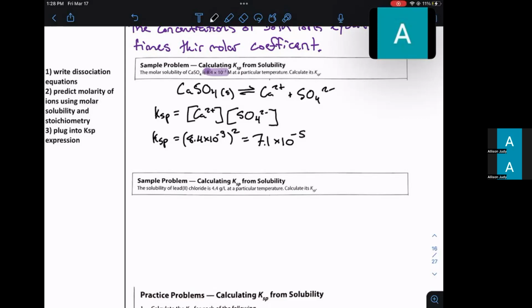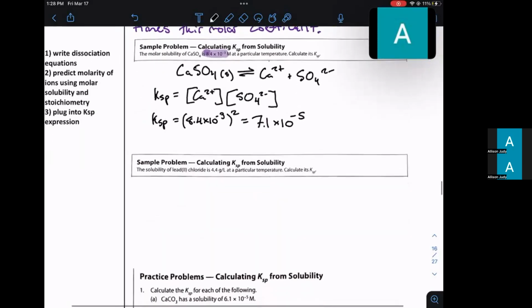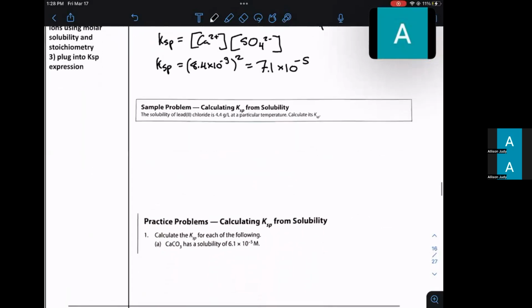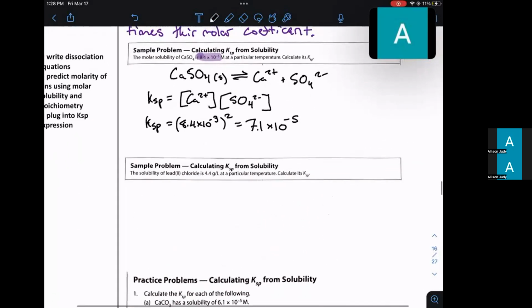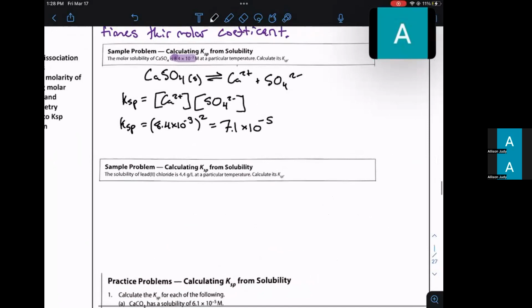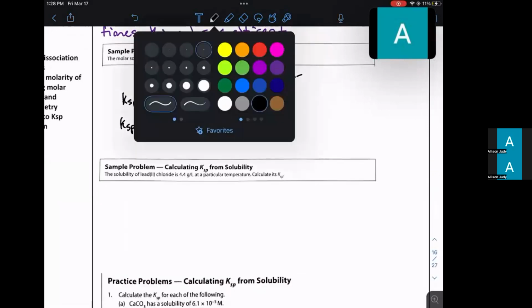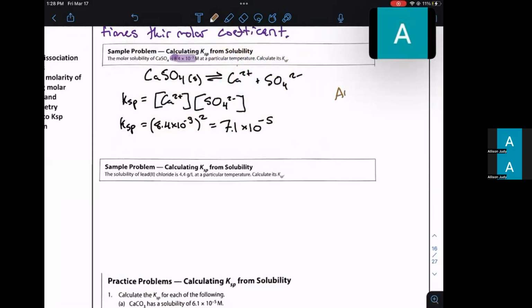In general, whenever you have an AB salt like this, where it's one-to-one, your KSP value will just equal the molar solubility squared. If you have something that is an AB2 salt, it'll actually come out to 4s cubed, because you'll have twice the solubility.